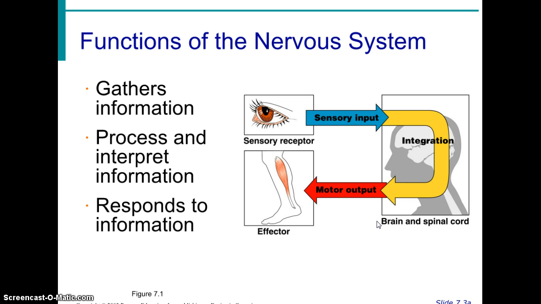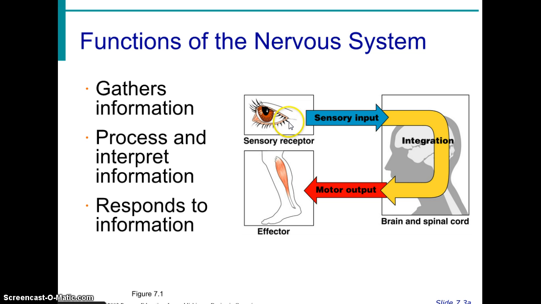And here we have the functions of the nervous system. So three main processes that the nervous system does for us. And really it's about gathering information from the environment. And it does this through various kinds of sensory receptors. Here you see an eye, so there are visual receptors that gather information.